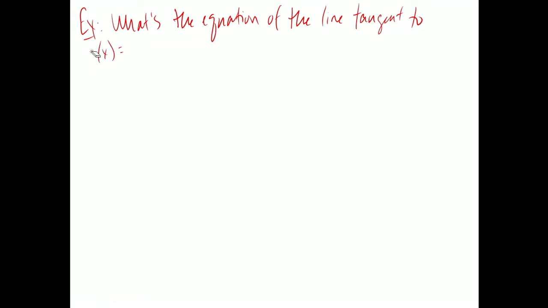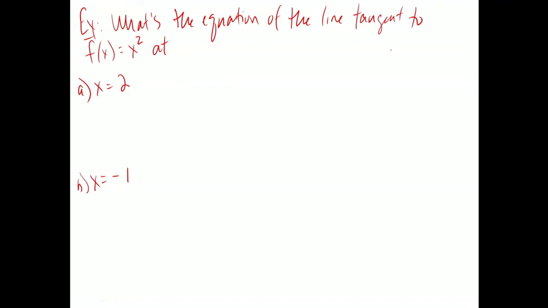Let's just use the basic parabola, f of x equals x squared. And then let's do two parts here, just to give us two examples. Let's say at x equals 2, and then let's do it again at x equals, I don't know, -1 or something like that.